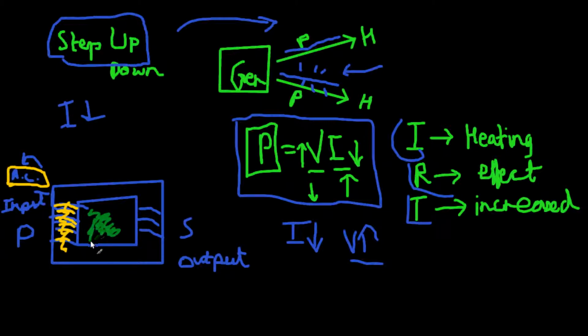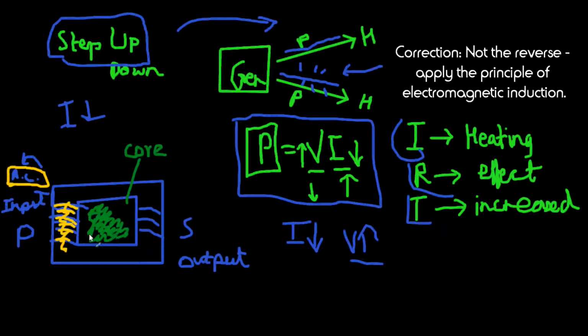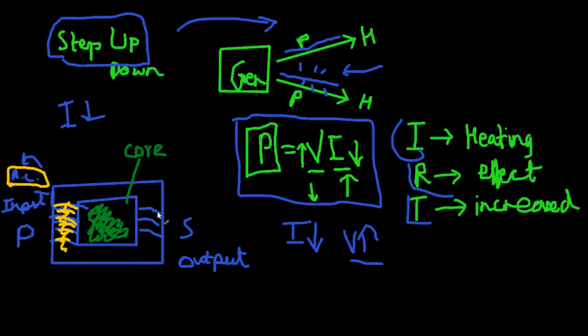Now this is the core over here. This is the core of the transformer. Now you apply the reverse of electromagnetic induction. You have a varying magnetic field over here, and you have a conductor over here. So what it's going to do is induce an EMF in it, which will also be varying. So as a result, you have varying EMF.